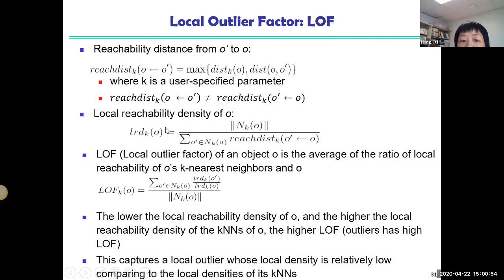So will an outlier have a high or low local reachability density? The outlier's reachability distance is probably going to be greater, therefore this score is going to be smaller.